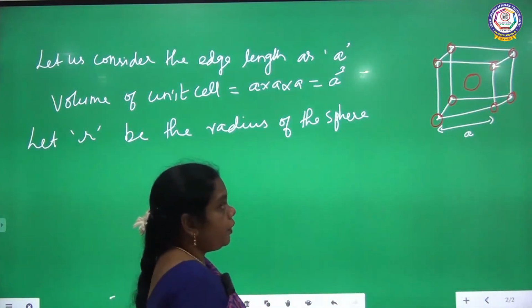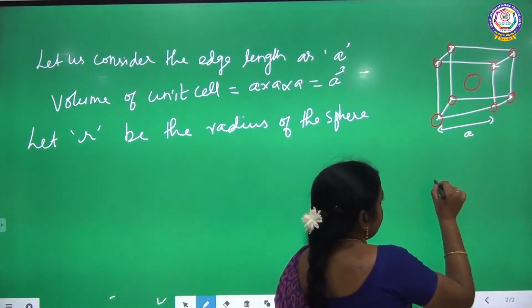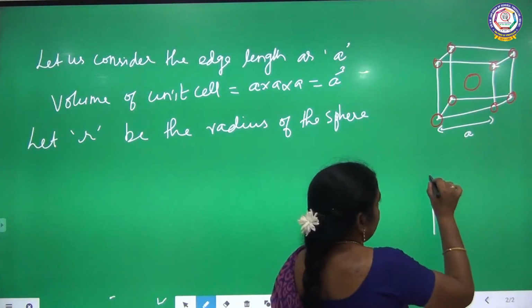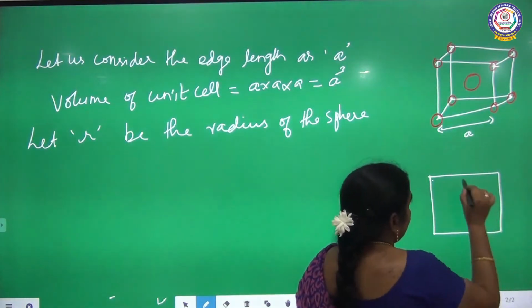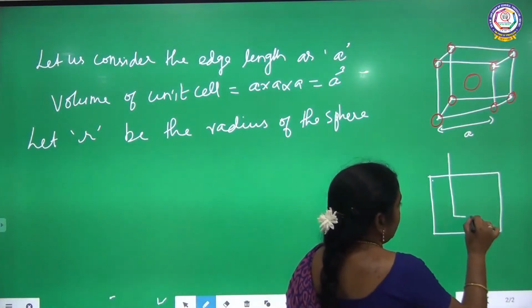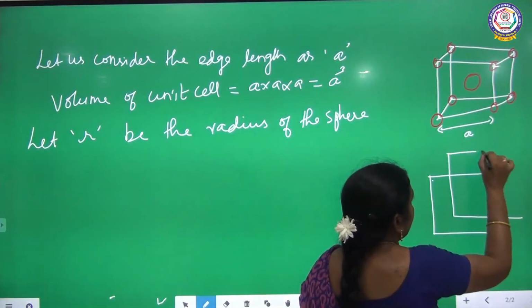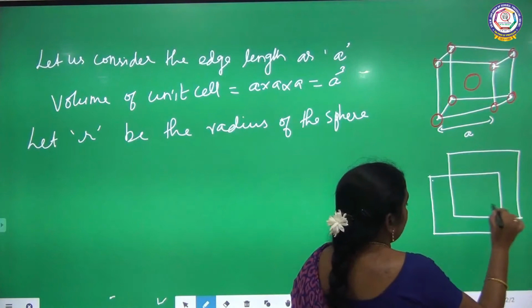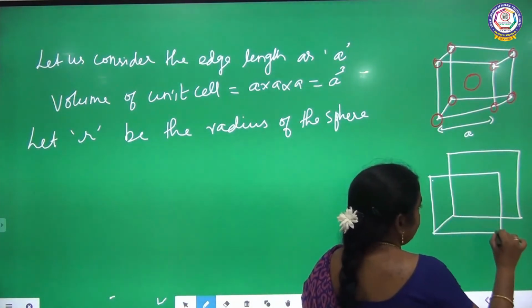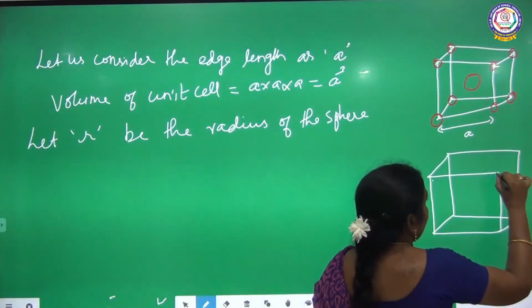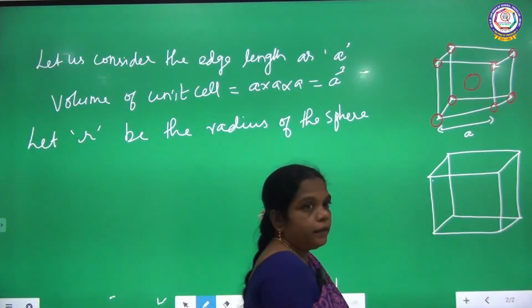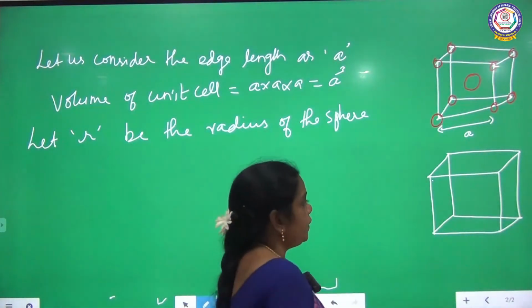So now here we are going to see that in the BCC the atoms are arranged in the corners and the body center.